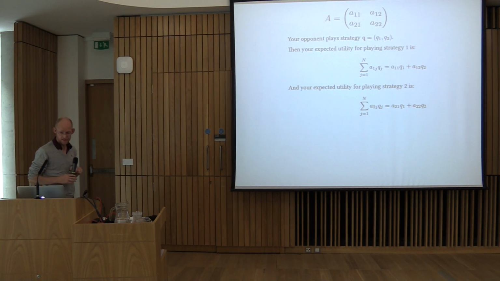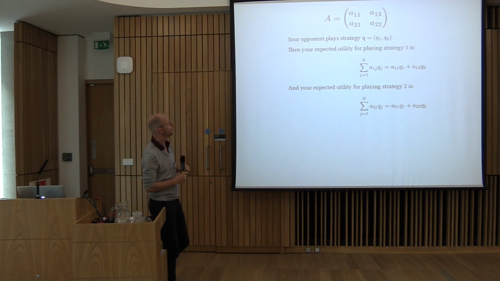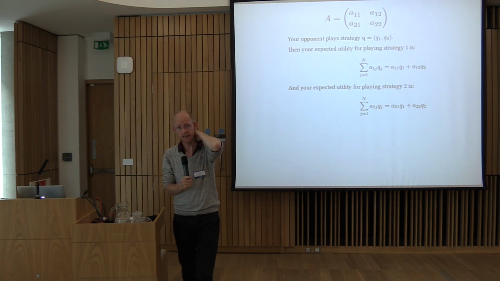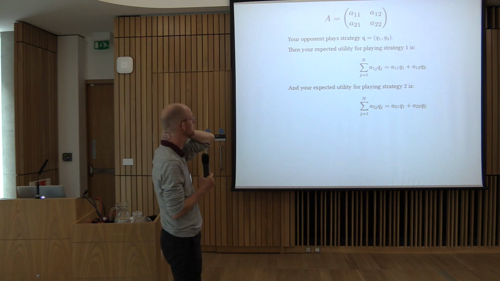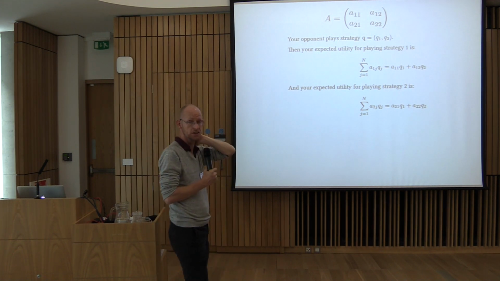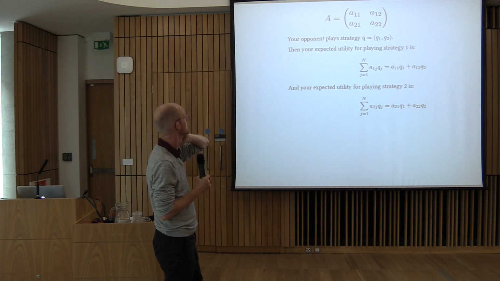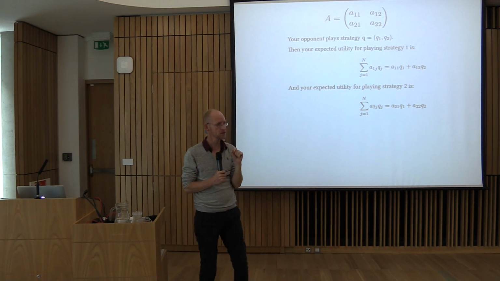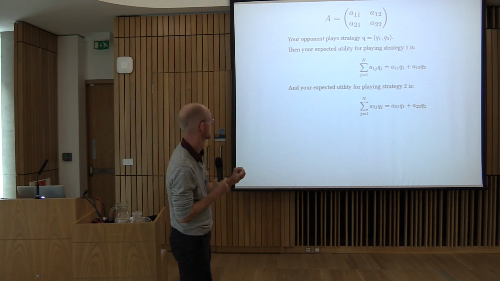So these are the utilities. Now, just as before, suppose that your opponent plays strategy Q. What does that mean? He plays action A1 with probability Q1 and action A2 with probability Q2. What is then the expected utility of you playing A1?